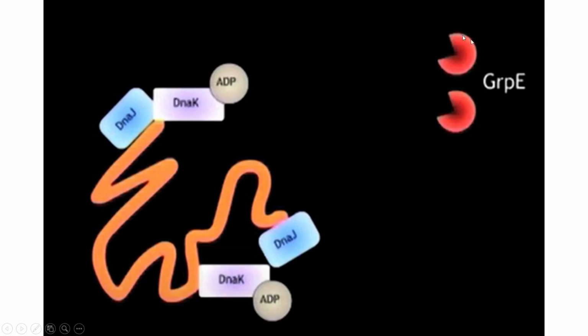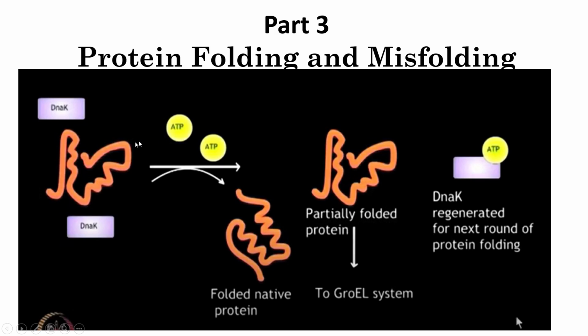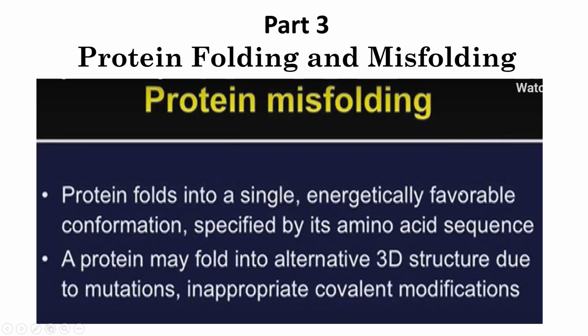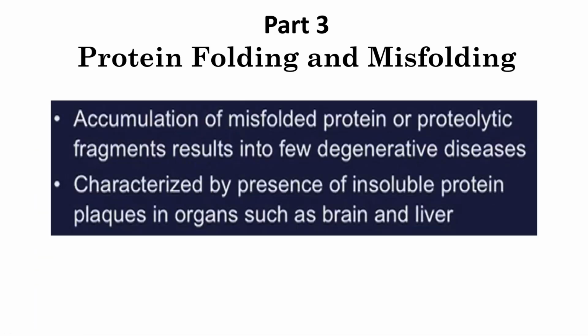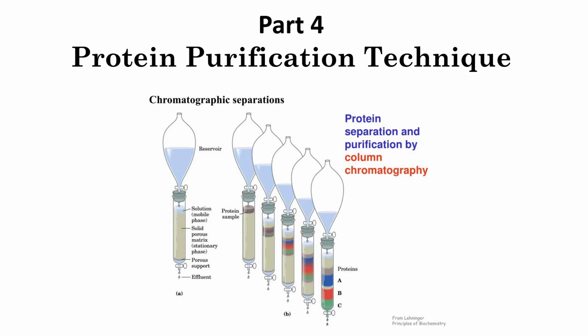There was an animation video in the lecture itself, showing how DNA J first comes into the picture, then DNA K comes with the help of ADP, and the structure of the protein becomes partially folded after these interactions, and when the GroEL system comes into the picture, the protein gets completely folded. So these are a few diseases.